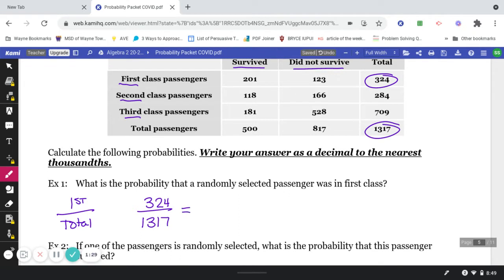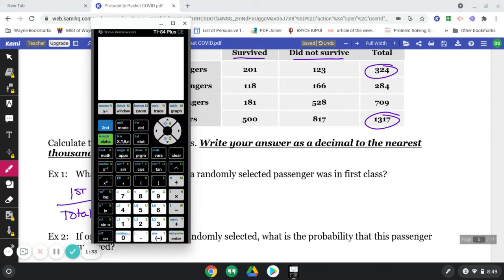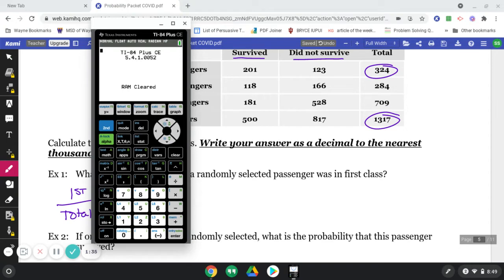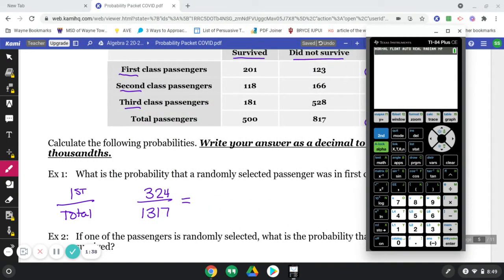Type that into your calculator, and I'll pull up the first couple on the calculator to show you how to do it, but you're just dividing here. So it'd be 324 divided by 1,317.